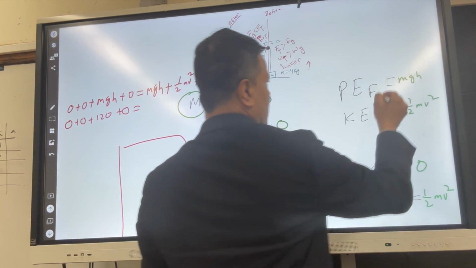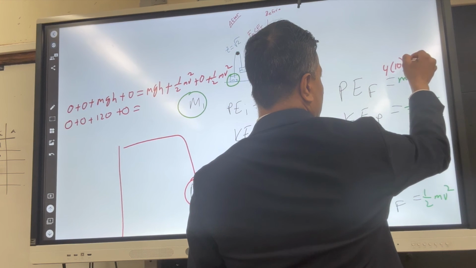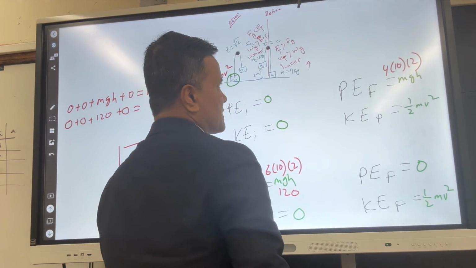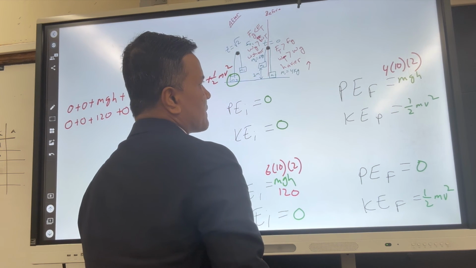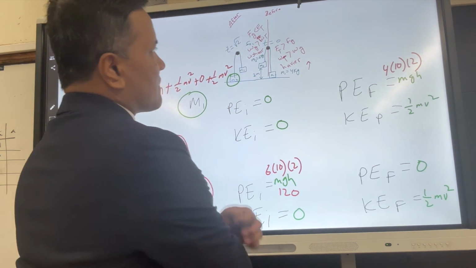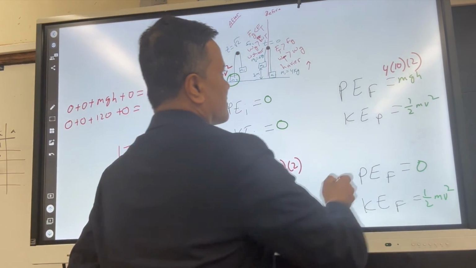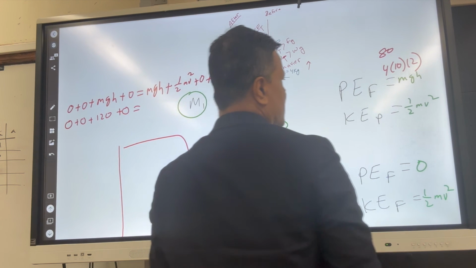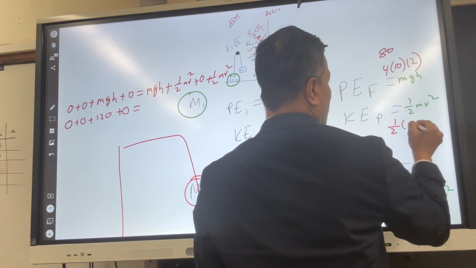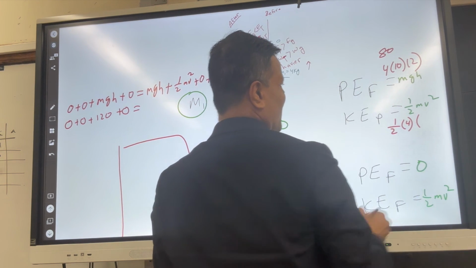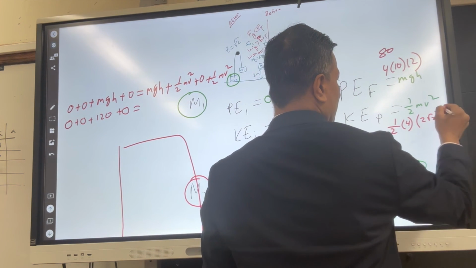mass is 4, g is 10, height is 2. Mass is 4. Potential energy final, so this is 80. Let's see this one. Half, mass is 4, v is 2 root 2 squared.